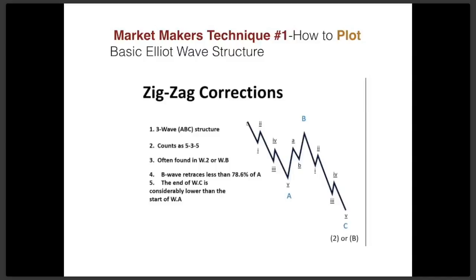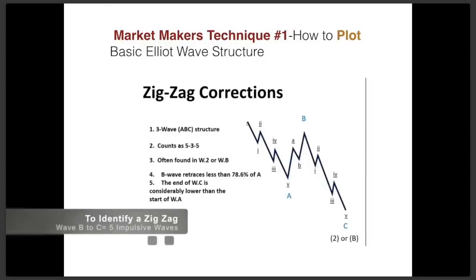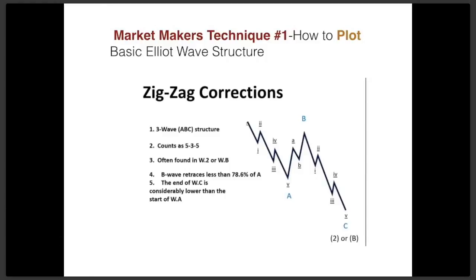Now please note, only for zigzag patterns you can find an impulsive 5 waves to the downside from wave B to wave C, right? So what do I mean by that? Wave B has to retrace less than 78.6% of wave A, and the end of wave C is lower than the start of wave A, right?